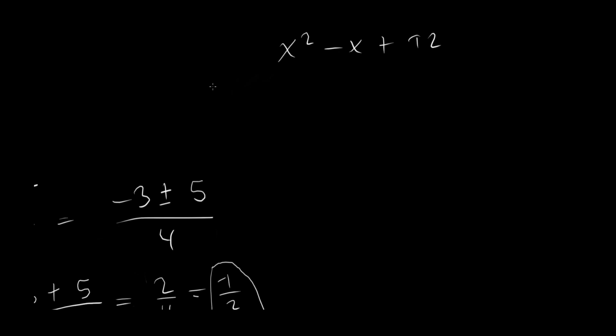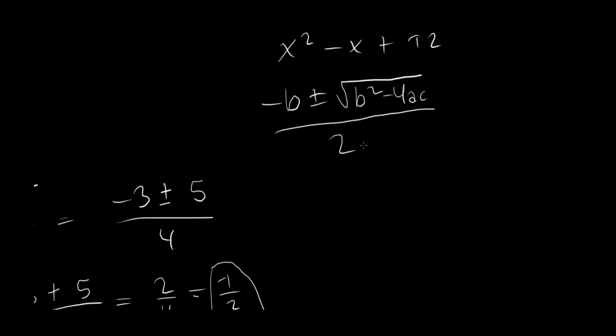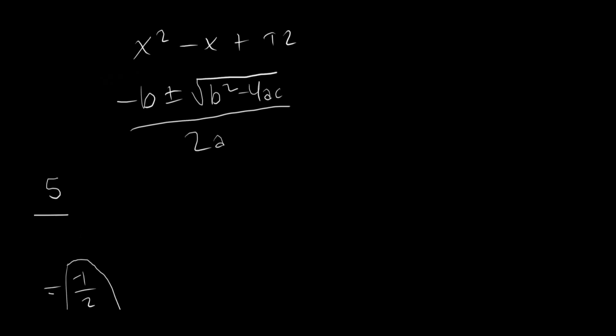So let's remember again the quadratic formula: negative b plus minus the square root of b squared minus 4 times a times c, over 2a. Now let's just substitute this into the quadratic formula. First of all, negative b, because b right here is negative 1. So negative times negative is positive, which leaves us with positive 1 plus minus the square root of b squared.